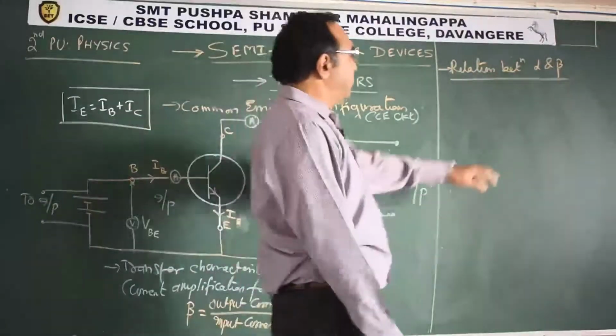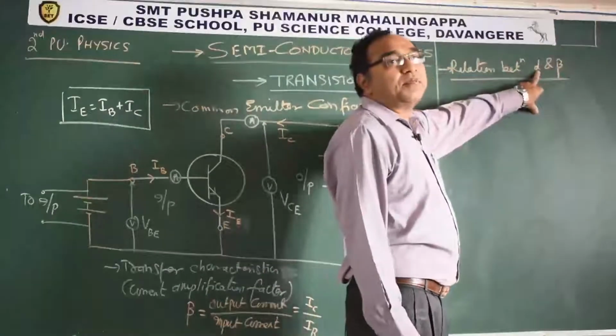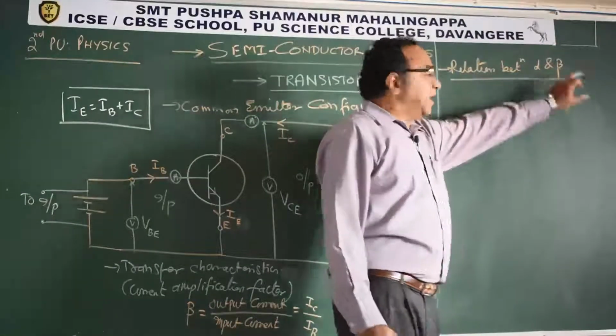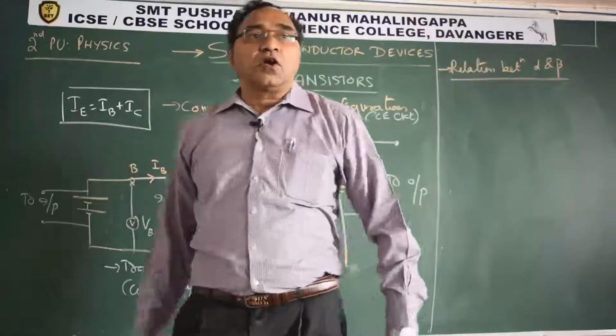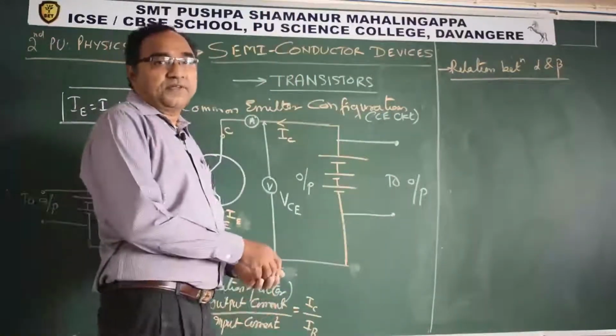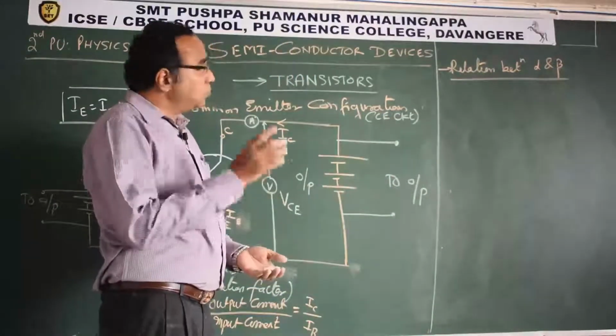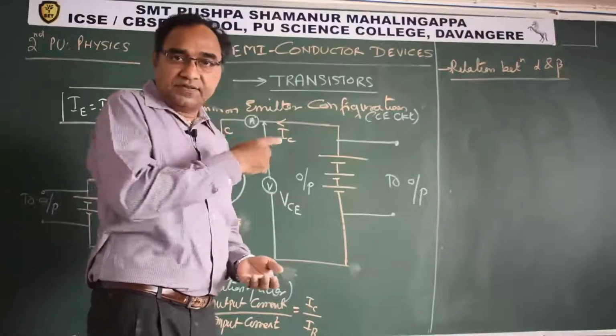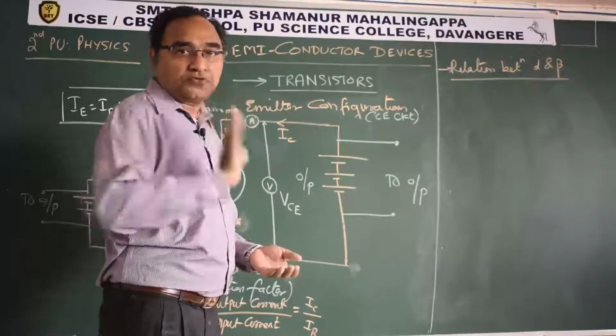Alpha is the current amplification factor for a CB circuit, and beta is the current amplification factor for the common emitter configuration, that is the CE circuit, right? How to establish it? Students, concentrate. This is a 3-mark question, a sure question.